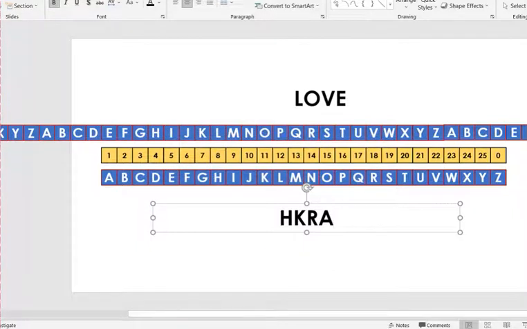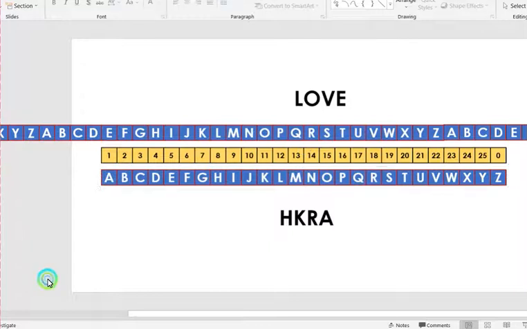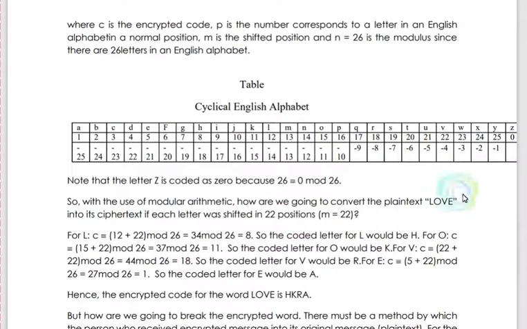So again, since we shifted up here, the shifted value is our basis, and this will be your equivalent in the original English alphabet. So if we apply the concept of modulus here, we need our original value number.